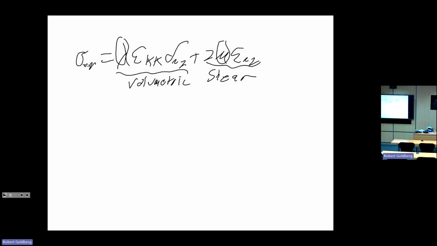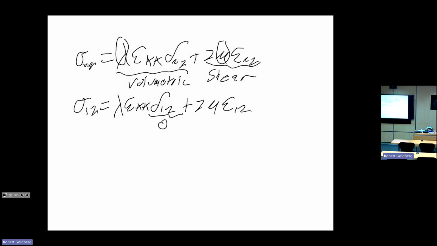So now, one thing we can do to look at what mu means that's fairly easy is if we look at sigma 12, that's equal to lambda times epsilon kk times delta 12 plus 2 times mu times epsilon 12. And also remember, all we're looking at now is tensorial strains, not engineering strains. Well, delta 12 is equal to 0 because i doesn't equal j.